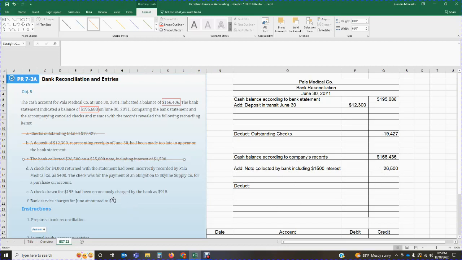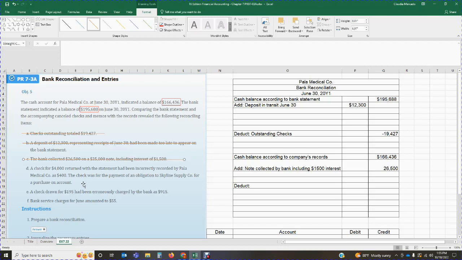Now let's look at letter D. A check for $4,000 returned with the statement had been incorrectly recorded by Paula Medical as $400. The check was for the payment of an obligation to Skyline Supply Company for a purchase on account.